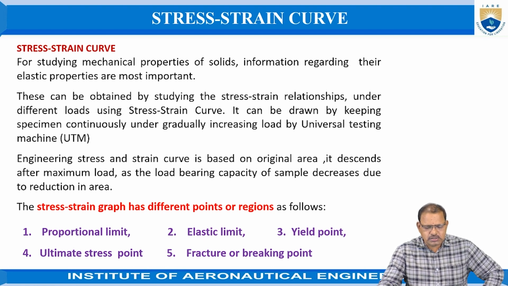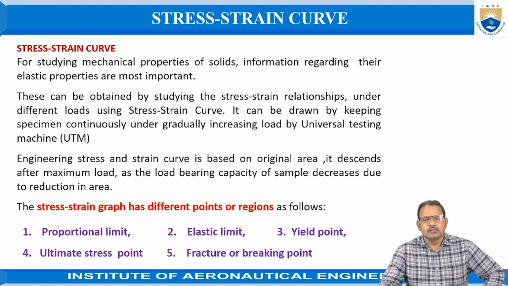The engineering stress strain curve is based on the original cross section of the specimen, and when the load increases, the cross section of the specimen decreases. Hence, the load bearing capacity of the material also decreases.